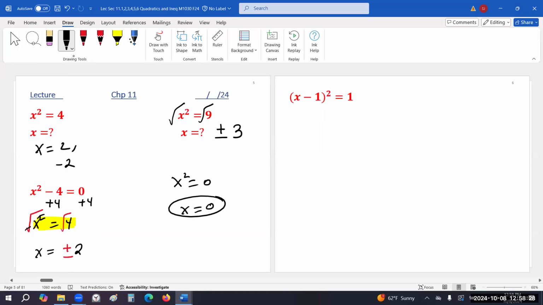Now, how about this question? How are you going to solve it? Think about it logically. What number minus 1, when you square that, gives you 1? One of them is 2, definitely. X is 2.